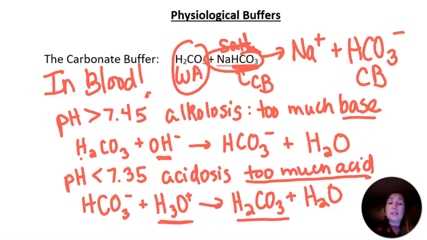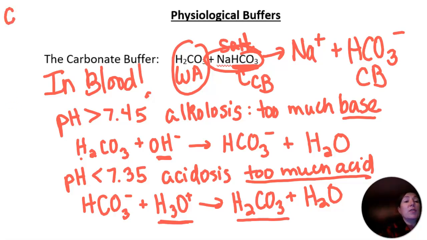It takes its conjugate base, HCO3 minus, reacts it with the H3O plus, and reforms H2CO3, carbonic acid, and water. If you've got too much OH, the weak acid H2CO3 can give an H plus to that OH minus to make water and HCO3 minus. So it's a really cool conjugate acid, conjugate base pair.